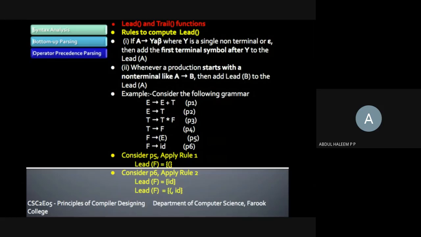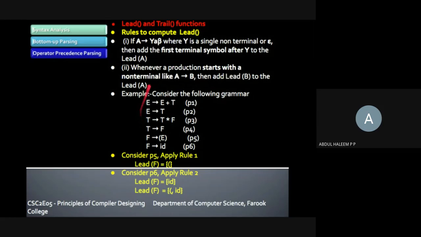We have no other way. We have to learn this and somehow clear our examinations and test papers. So please try to understand this and work out more examples, then things will be crystal clear. That's the only remedy. So if we have a production such as A derives B, then lead of A will consist of lead of B also. Add lead of B to lead of A.